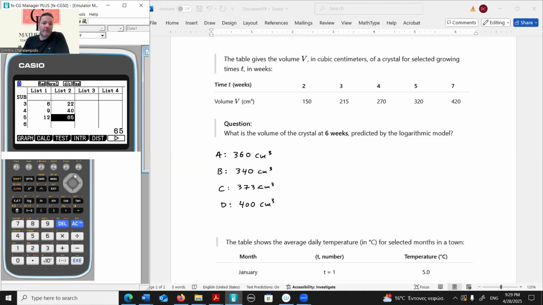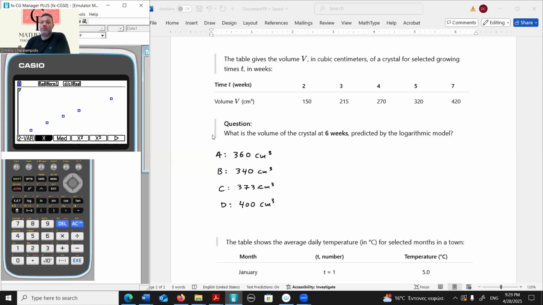So, like before, we will begin by plugging in these values in my GDC. 2, 3, 4, 5, and 7, 150, 215, 270, 320, and 420. And then again, graph, which is F1, again F1, and calc.